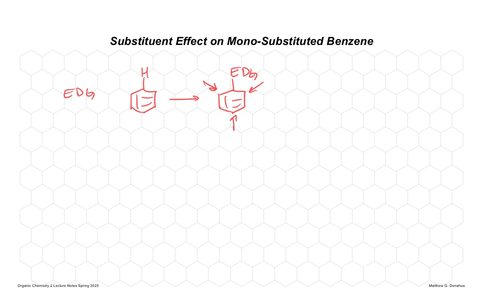Relative to that functional group, if I call that functional group position 1, right next door is position 2, and that's called ortho. 1,4 is called para. So electron donating groups are called ortho-para directors.